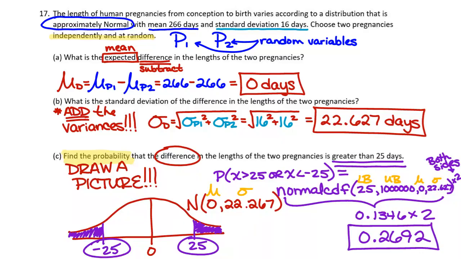For a question like this, if they were to ask something like, should you be suspicious, or other questions like that, if this had come back to be less than 5%, then what we'd be looking at is a situation where the due dates were probably not calculated correctly. Because if they were due on the same day, and the difference between theirs occurs less than 5% of the time, then something went wrong earlier.